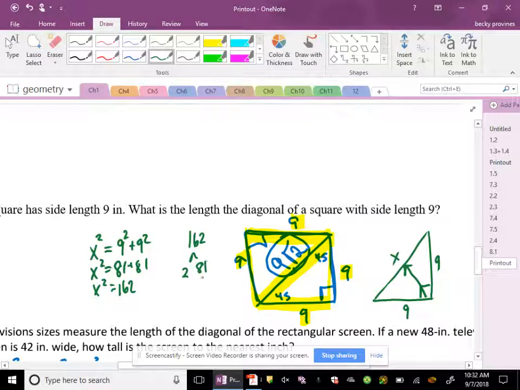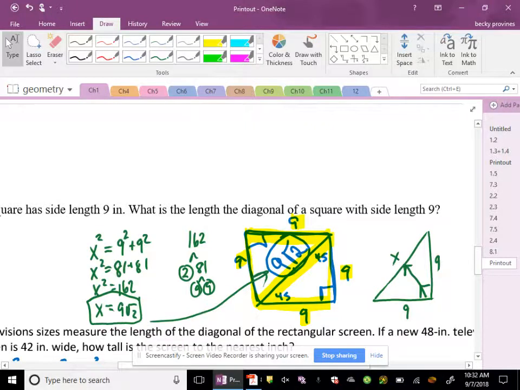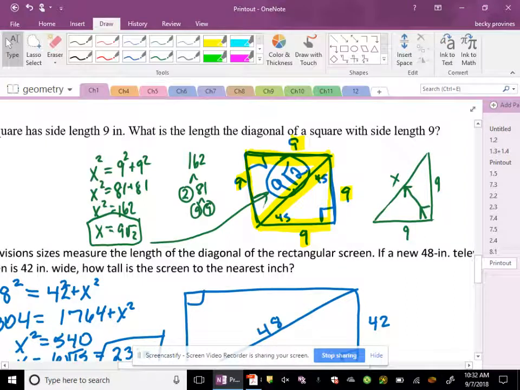That's 2 times 81, 9 and 9. So hopefully you're getting the answer of 9√2. And look, ta-da, that's the right answer. And you never put your answer as a decimal when you're square rooting. You always leave it with the square root within the answer.